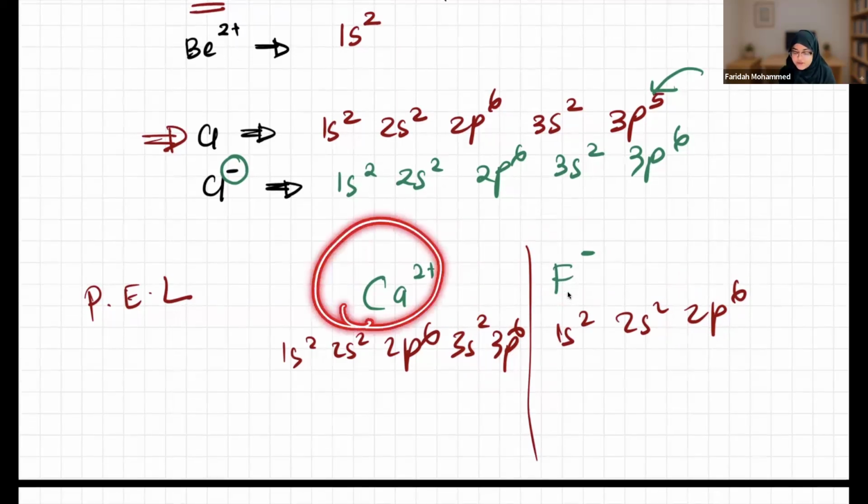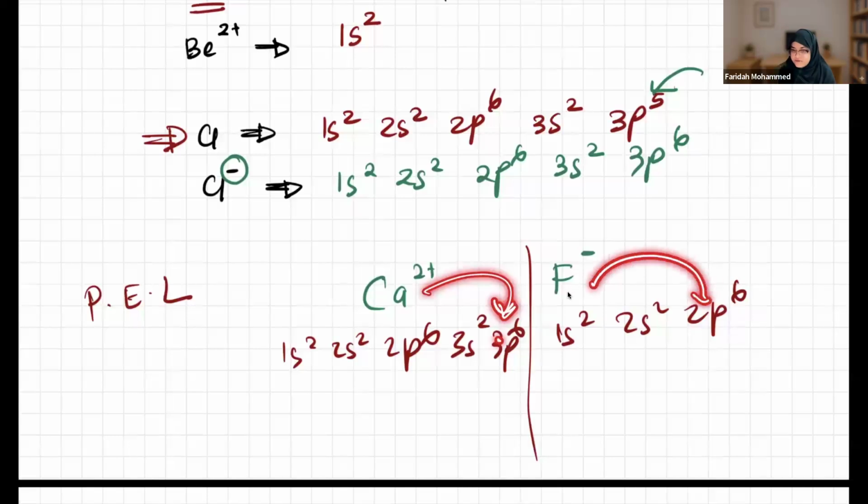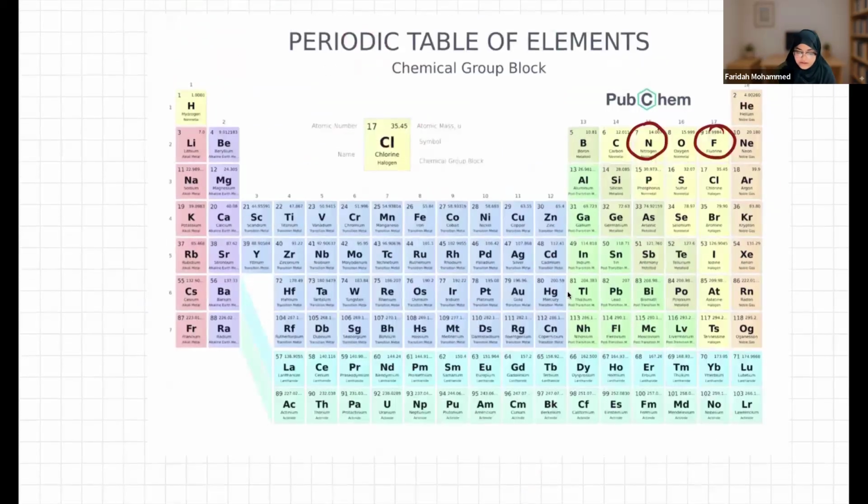You have to be specific though. You can either say calcium has 1 more energy level compared to fluoride, or you can be specific and say calcium has 3 energy levels and fluorine only has 2. That's why calcium 2 plus is bigger than fluoride. Okay? Now let's try another one.